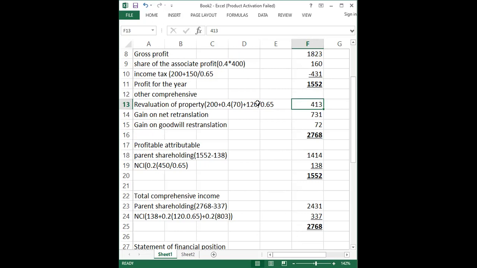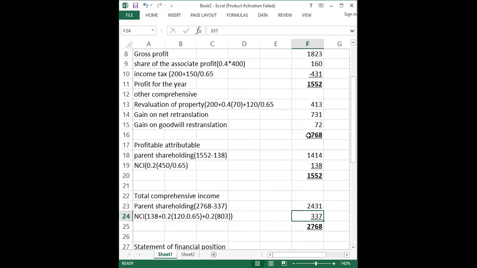We translate it using average rates. The NCA will have 20%. Then the NCA will also have 20% of the gain, which is 731 plus this. You share this, you add the two, then you add it to what the NCA is already having from this. And that will give you the NCA total.